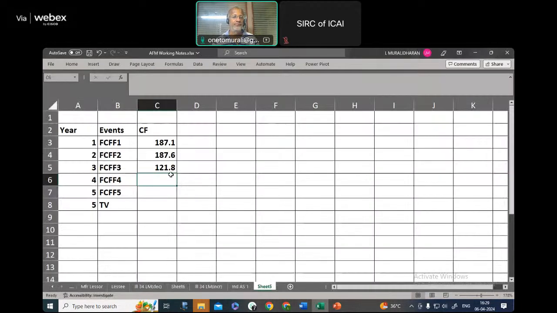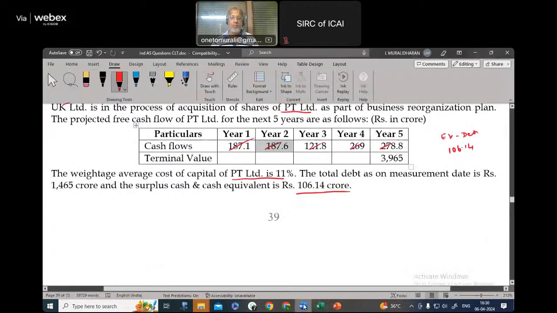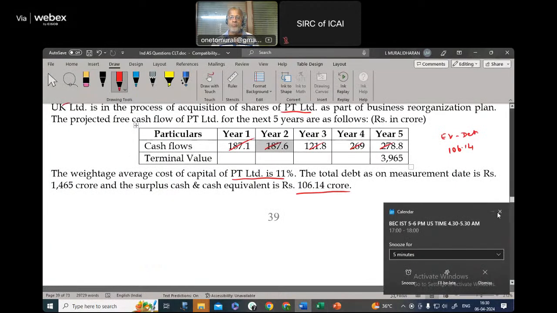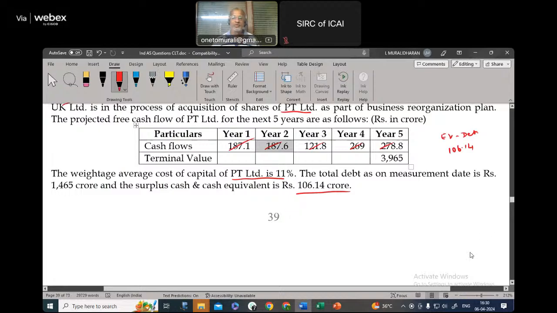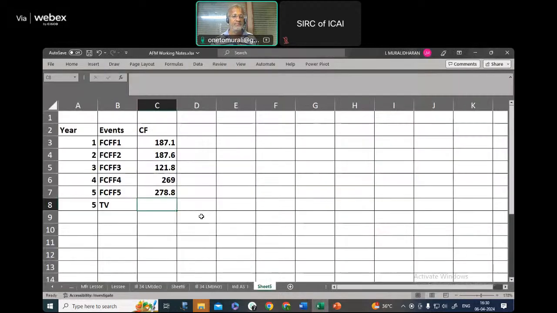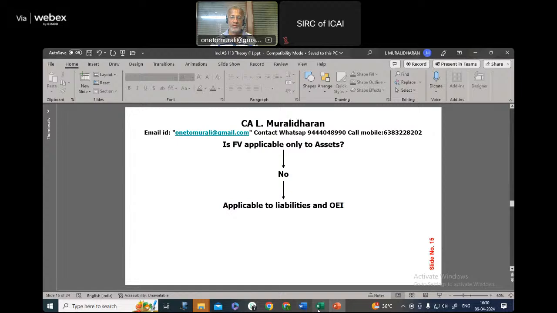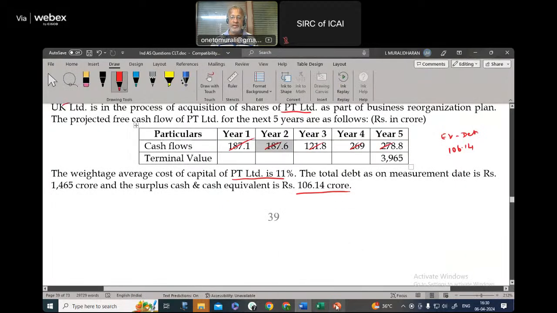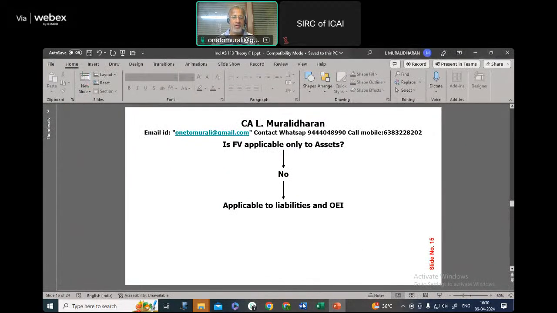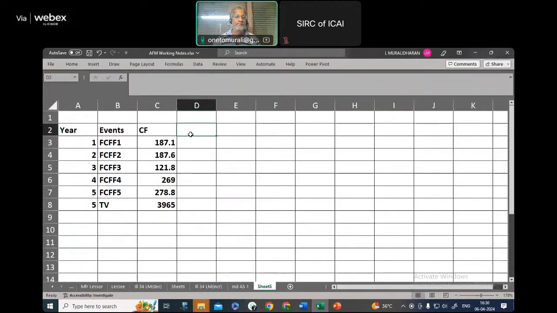269, 278.8, 3,965. PV factor to be counted at 11%.